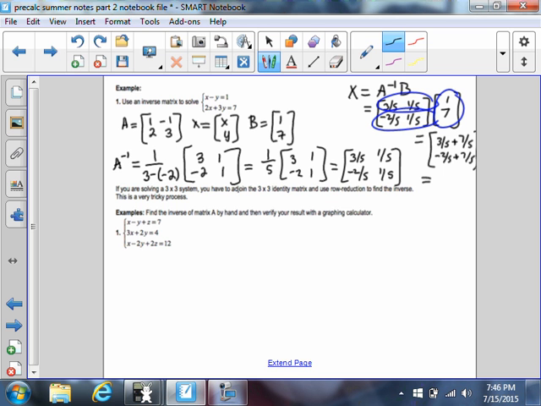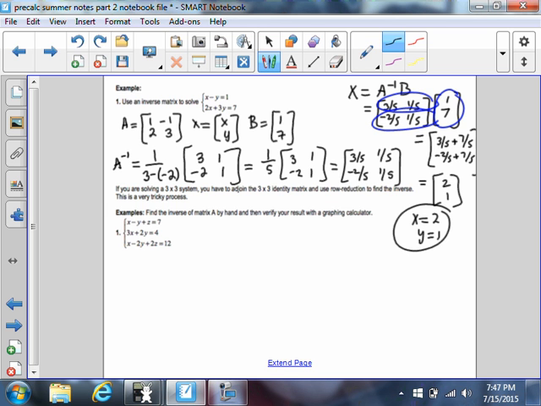So I get 10 over 5, which is 2, and 5 over 5, which is 1. Since that's my matrix X, this is X and this is Y. So X equals 2 and Y equals 1. You can always check in the original by plugging them in.